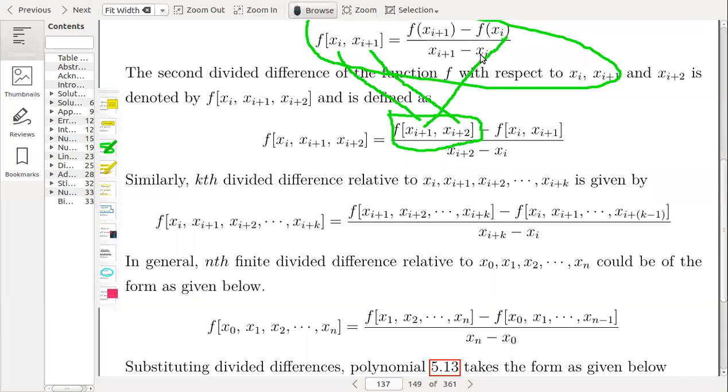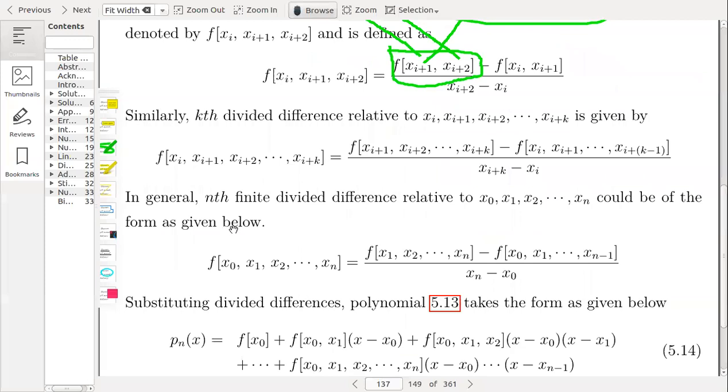So similarly, we make use of this one. The first point is xi and the last point is xi plus k. In general, the nth finite divided difference relative to x naught, x1, x2, so on xn could be of the form as given below.